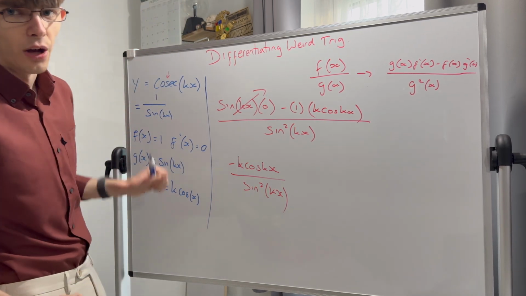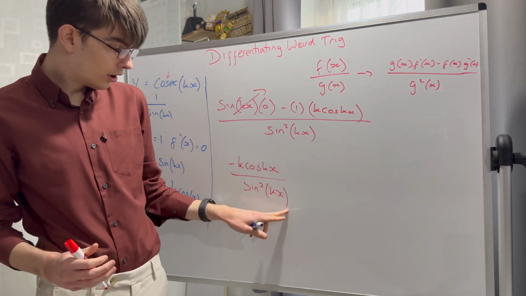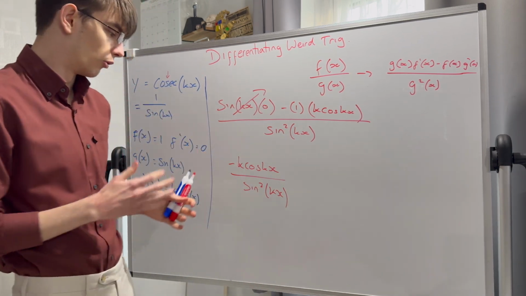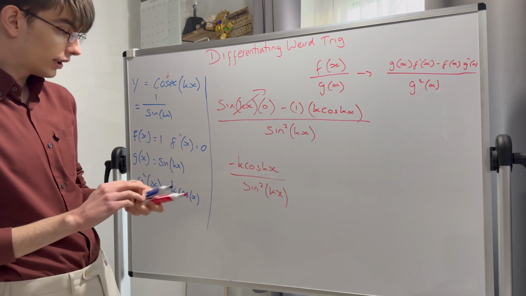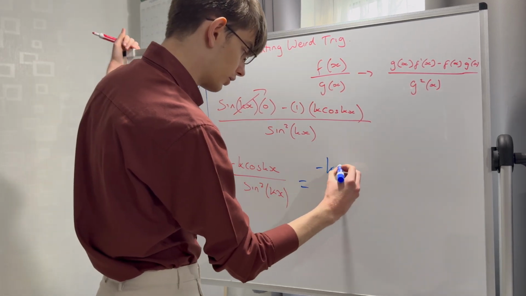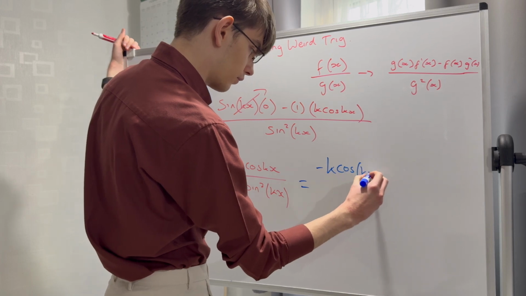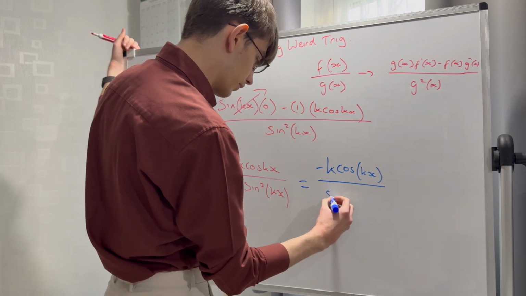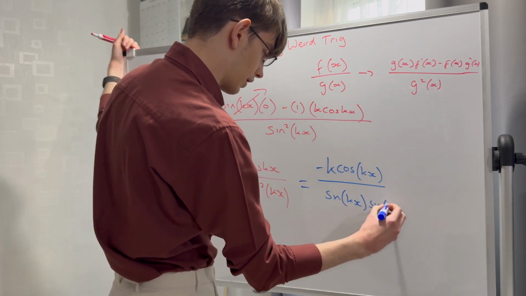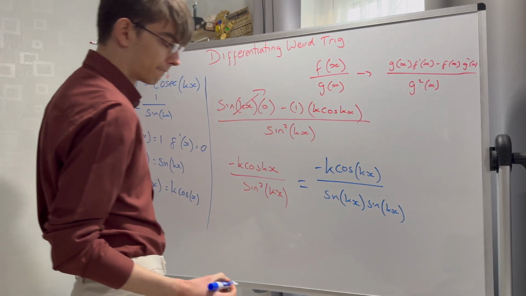Okay, now this is technically my answer, but I can simplify it a little bit more, make it a little bit more manageable. So what I'm going to do is separate the bottom. I'm going to keep the top the same for now, and separate the bottom into 2 signs: sine of kx times sine of kx.